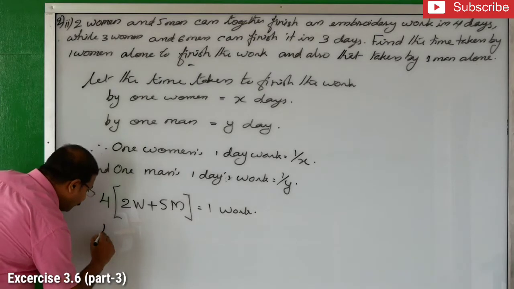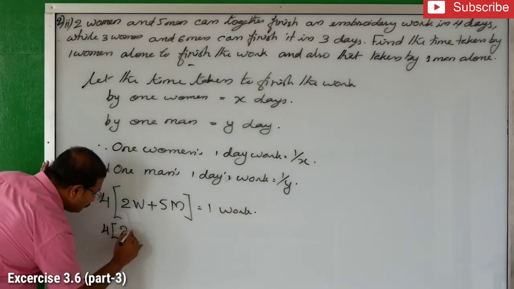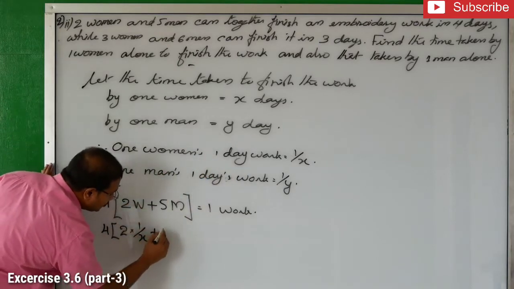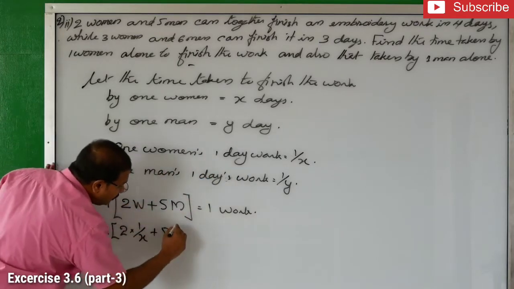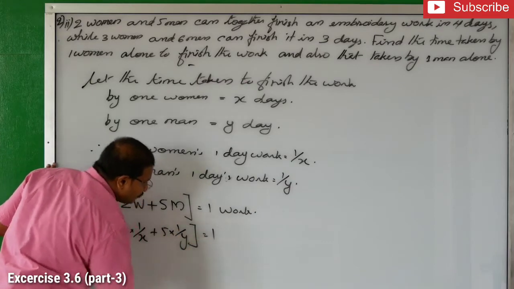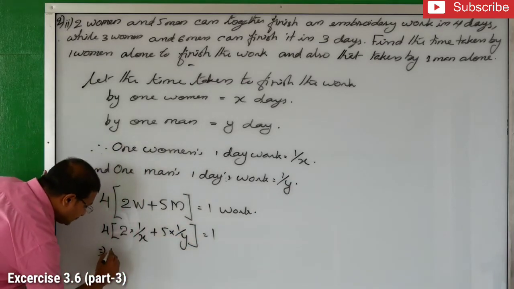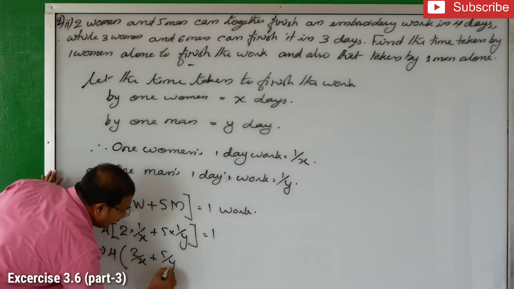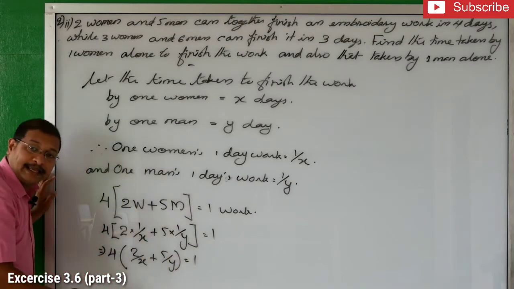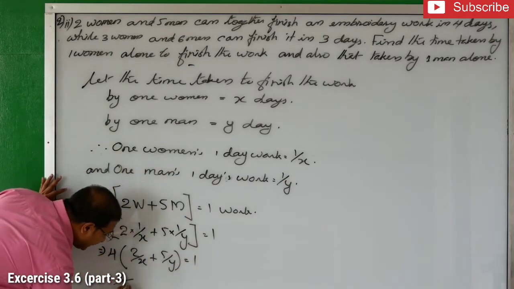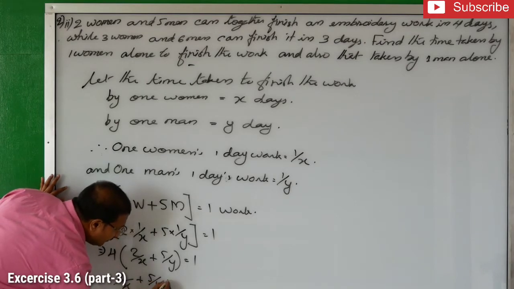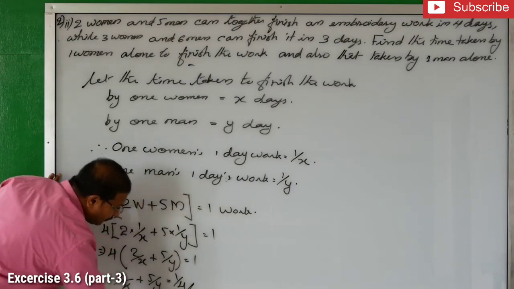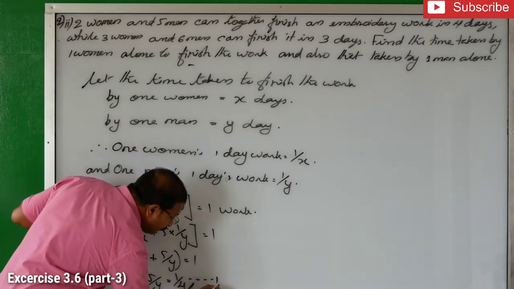So 4 into (2 into women's 1 day's work, 1 by x, plus 5 into men's 1 day's work, 1 by y) equals 1. Keeping 4 outside, 2 by x plus 5 by y equals 1. Of course 4 we can carry to the next side, so 2 by x plus 5 by y equals 1 by 4. This is equation number 1.